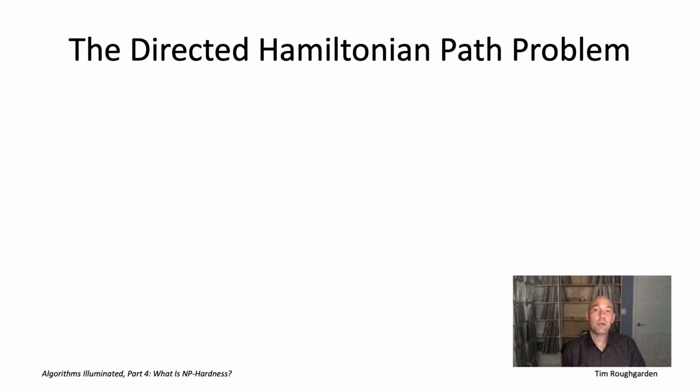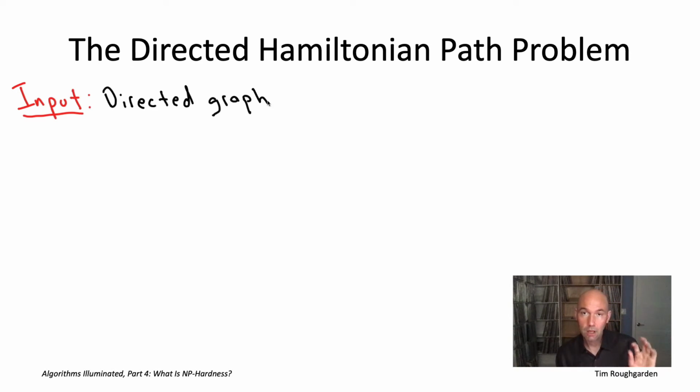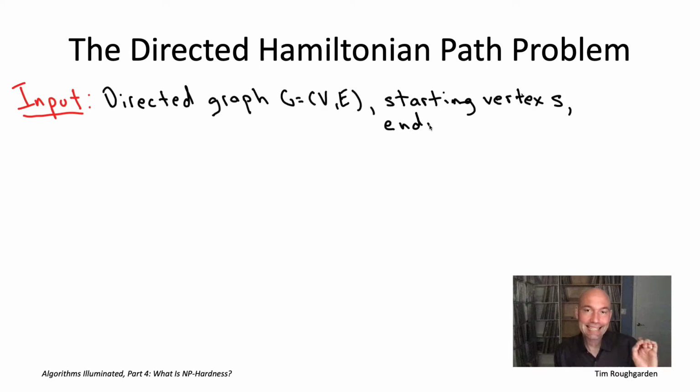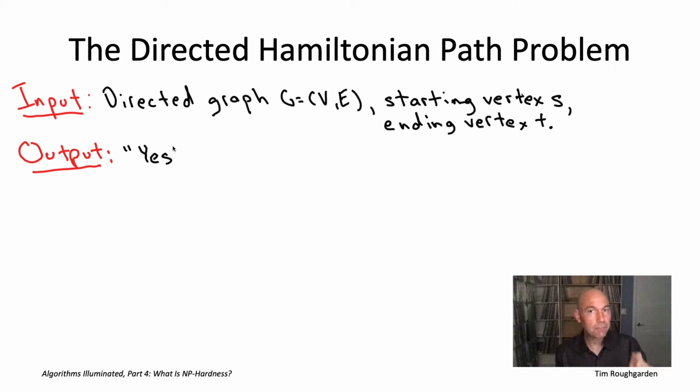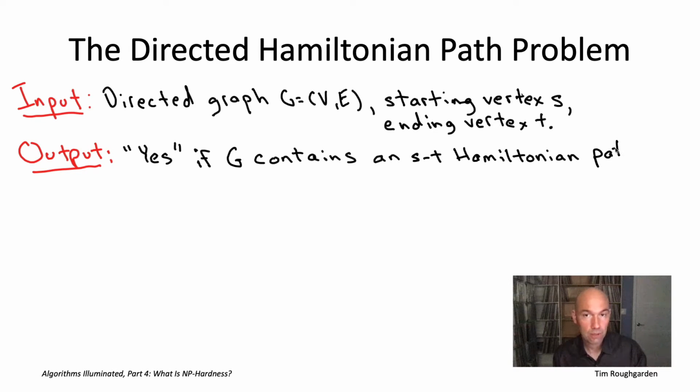So for our known NP-hard problem A, we'll use a famous problem. You may not have heard of it, but it is a famous problem. The Hamiltonian path problem, specifically in directed graphs. So in the directed Hamiltonian path problem, the input is just a directed graph along with one designated starting vertex S and one designated ending vertex T. And the goal of the problem is simply to identify whether or not this graph G has what's called an ST Hamiltonian path.